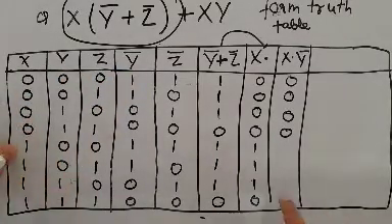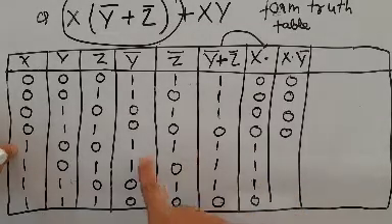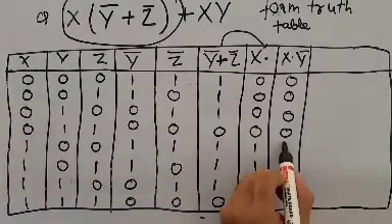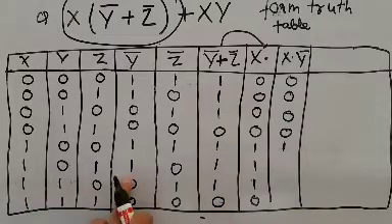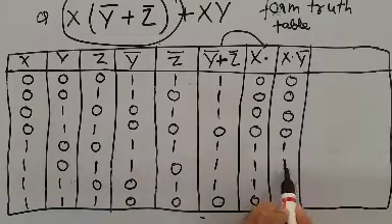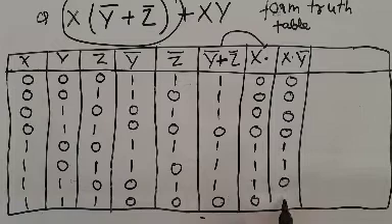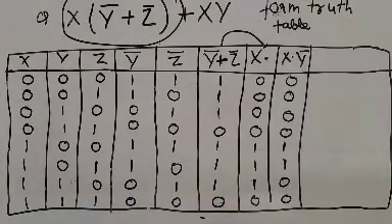Now 1 into 1, this will be 1. 1 into 1 is 1. This will now be 0, 0 because y not in both these columns are zeros.